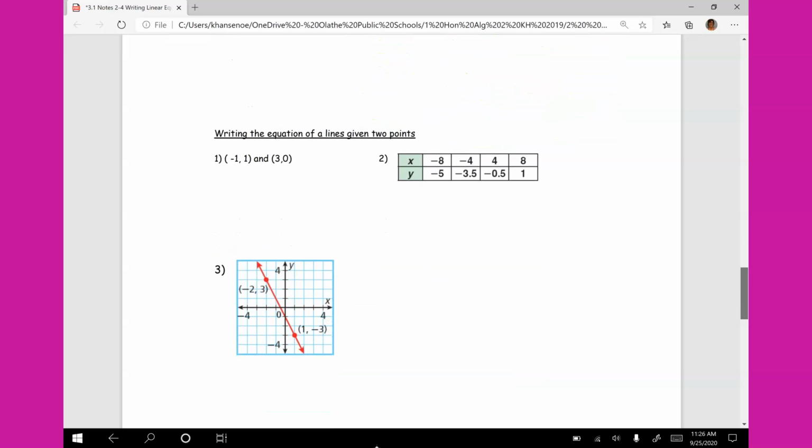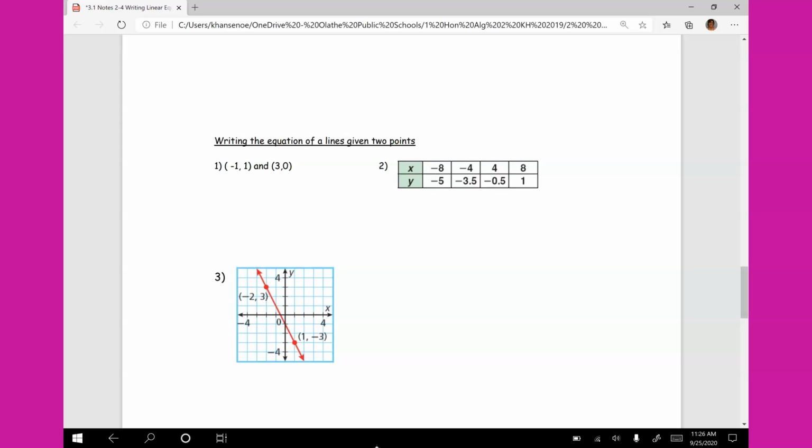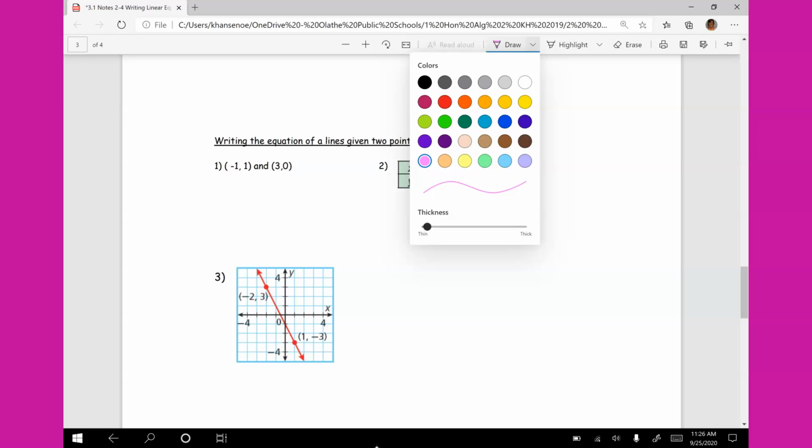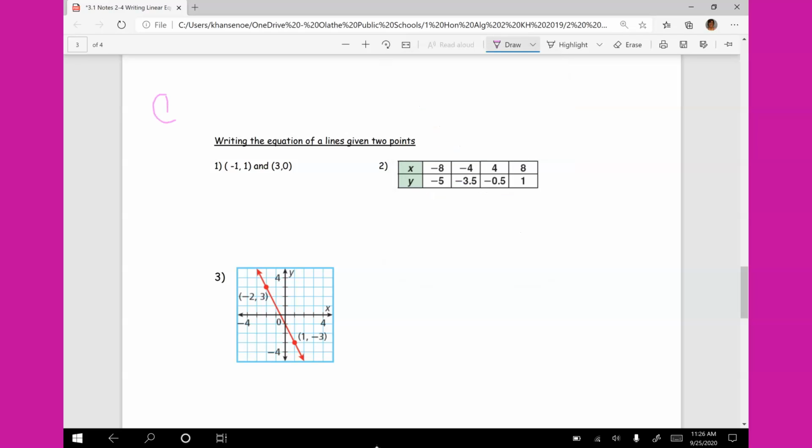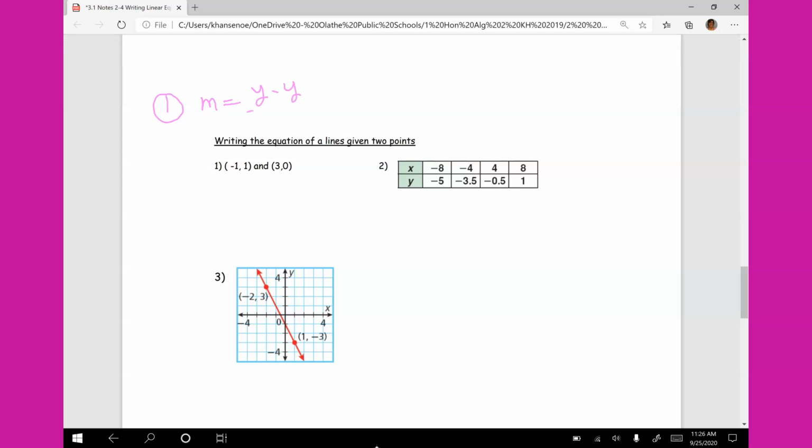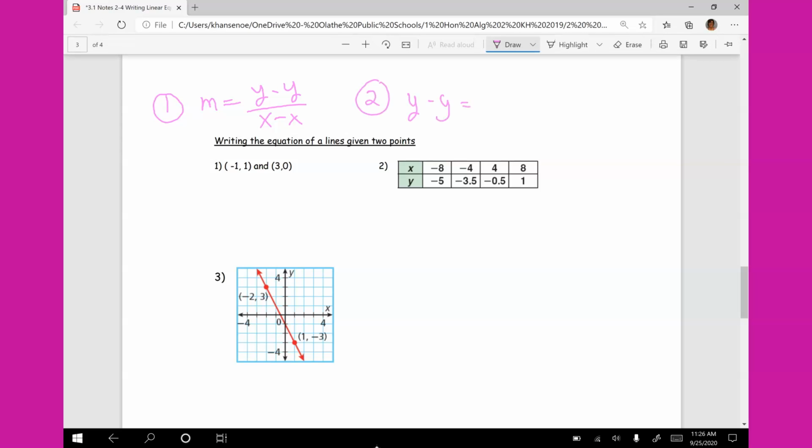So now if I'm asking you to write an equation that has 2 points, so I'm actually asking you to write the equation of the line, which means the first thing I'm doing is I'm finding the slope. The second thing I'm doing is I'm plugging it into the point slope. All right, so first thing I do, find slope.